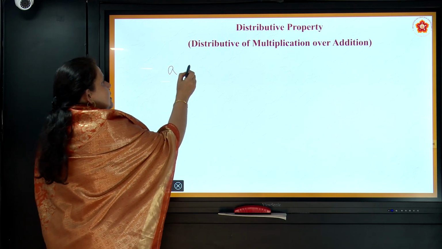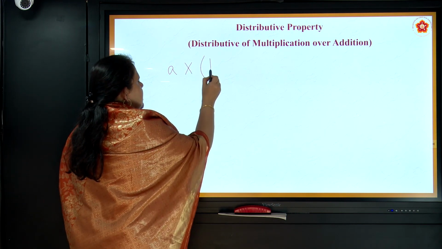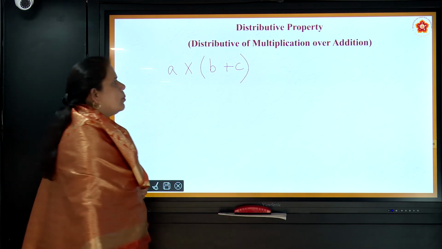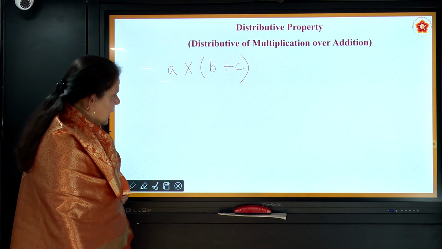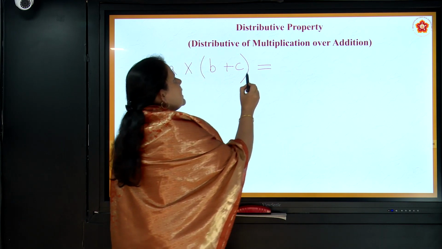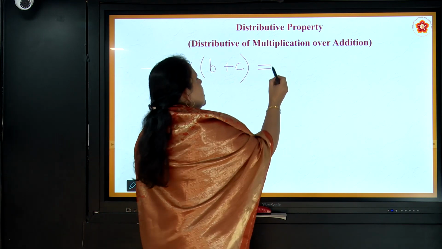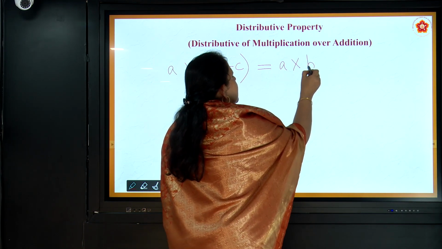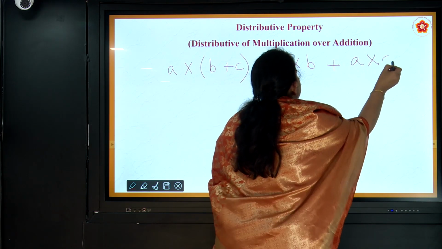I am taking general numbers A, B and C. So, B plus C, it is multiplied by A. So, when we are saying that multiplication obeys distributive law, we can write it as A multiplied by B plus A multiplied by C.